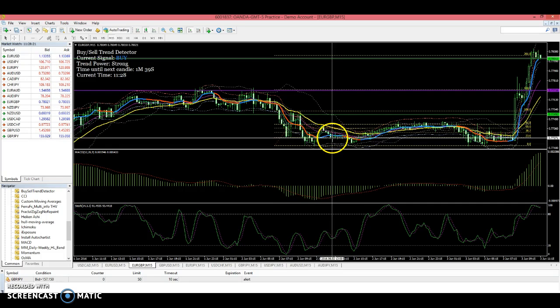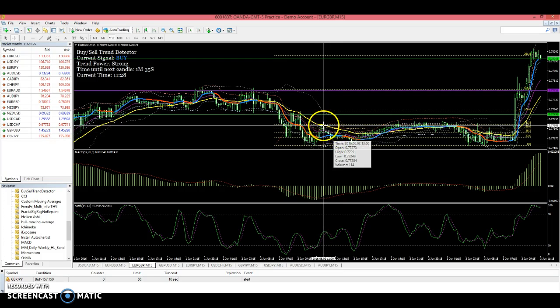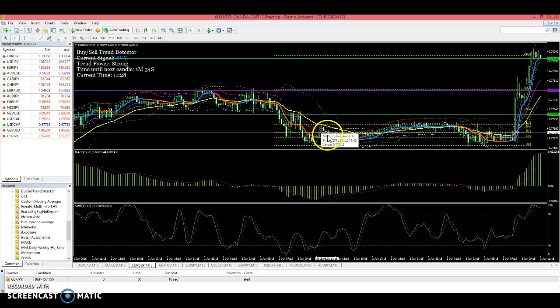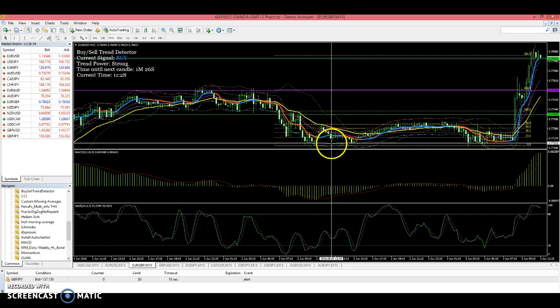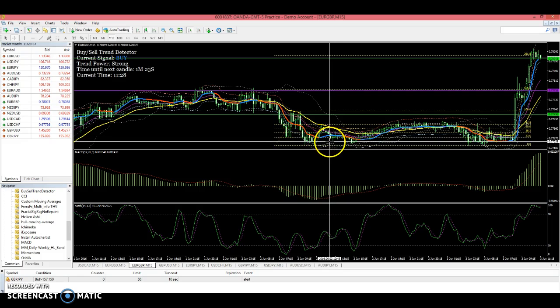Okay, it drops down all the way down here. And then if you put a put or down option, you would have won this trade. And at 15-minute, 1, 2, 3, 4 bars, that's 1 hour. So you could trade the hourly options there, and you would have won that one.